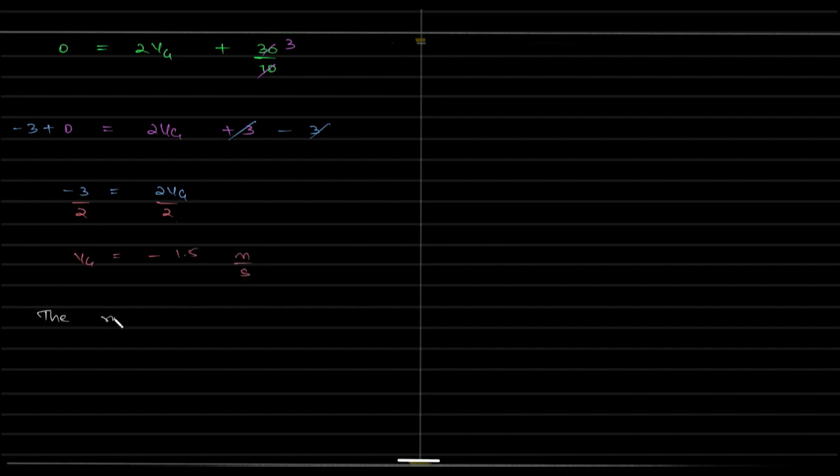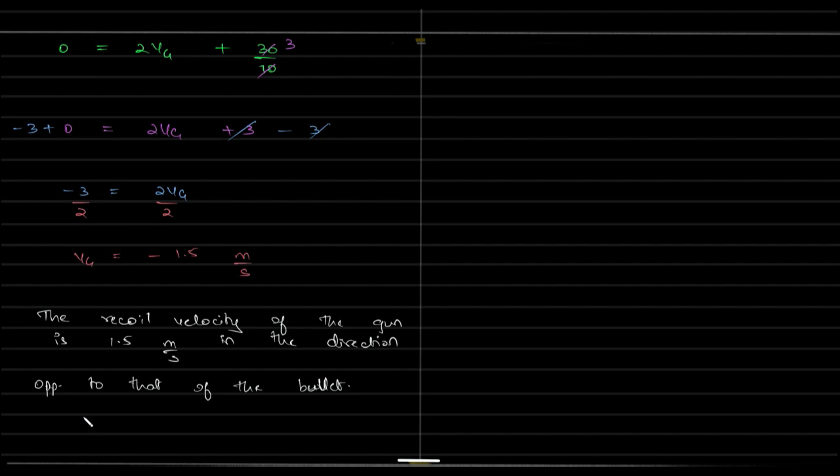So the recoil velocity of the gun is 1.5 meter per second in the direction opposite to that of the bullet. Okay, so this is your answer.